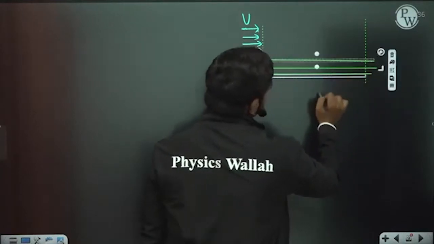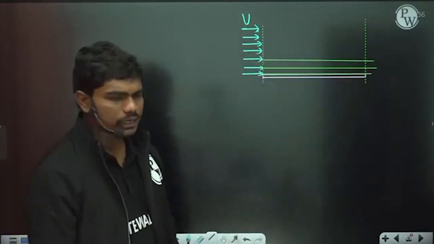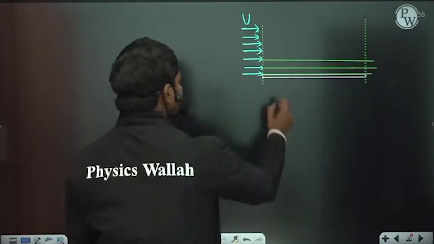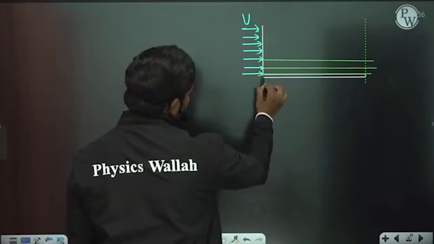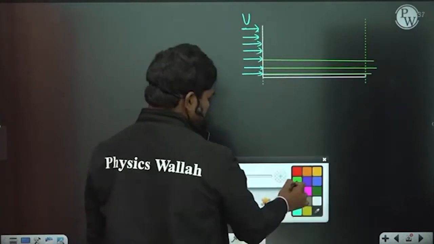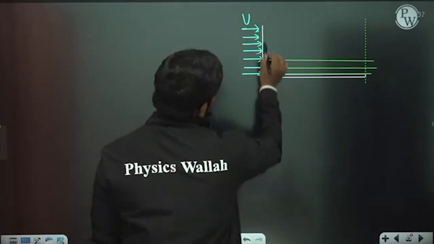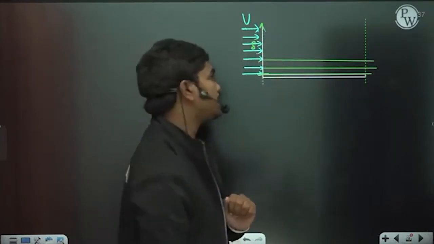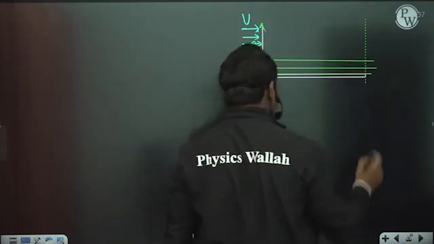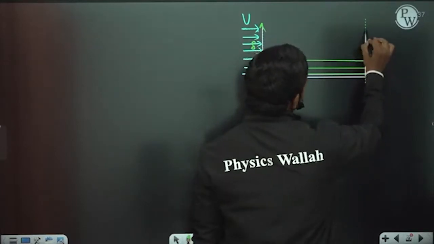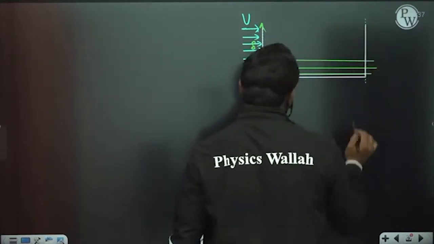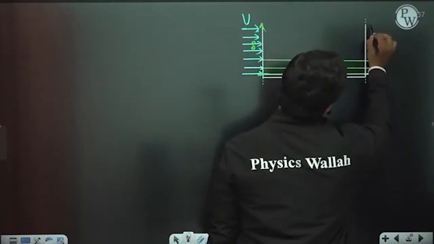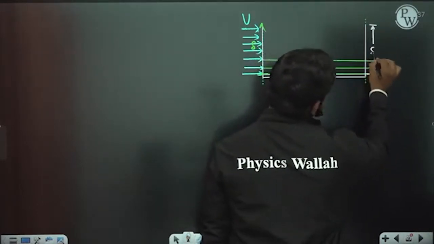But here you have to observe one thing. If you apply mass conservation, let us suppose you take a certain distance delta above this. At this section, if you take the same delta, this is delta.